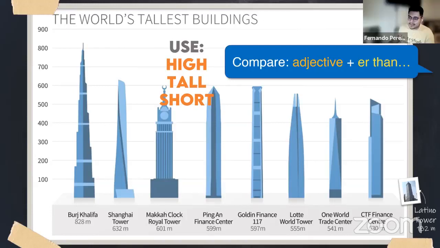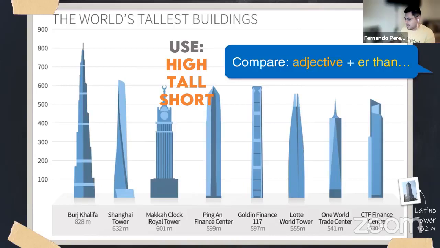This expression doesn't apply in this case. So the Latino tower is shorter, sorry, than CTF Finance Center. Is it correct? Yes, that's correct.